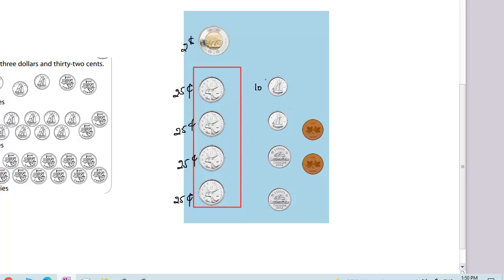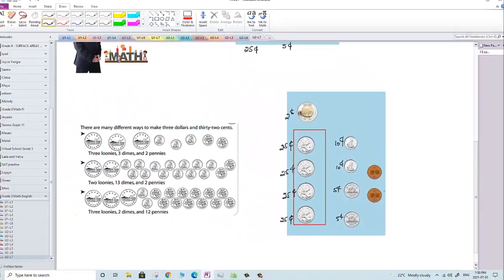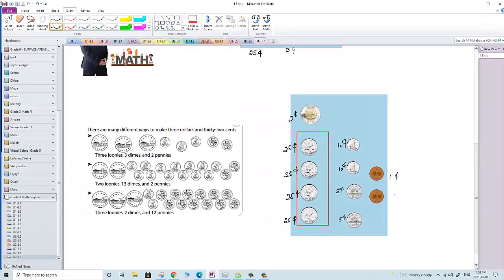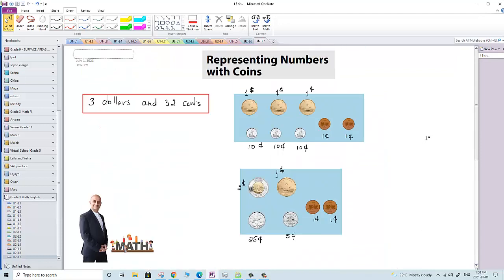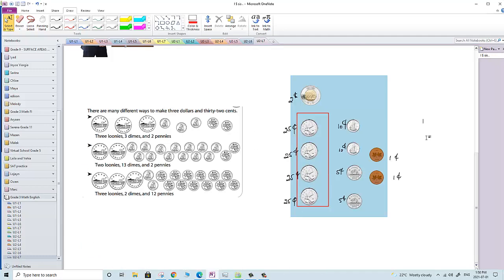And after that, 10 cents, 10 cents, 5 cents, and 5 cents. This is 10 and 10, 20, 20 and 5, 25, and 5, 30, and 2 cents. So that means I have 3 different styles, but all of them give me the same thing, $3.32.